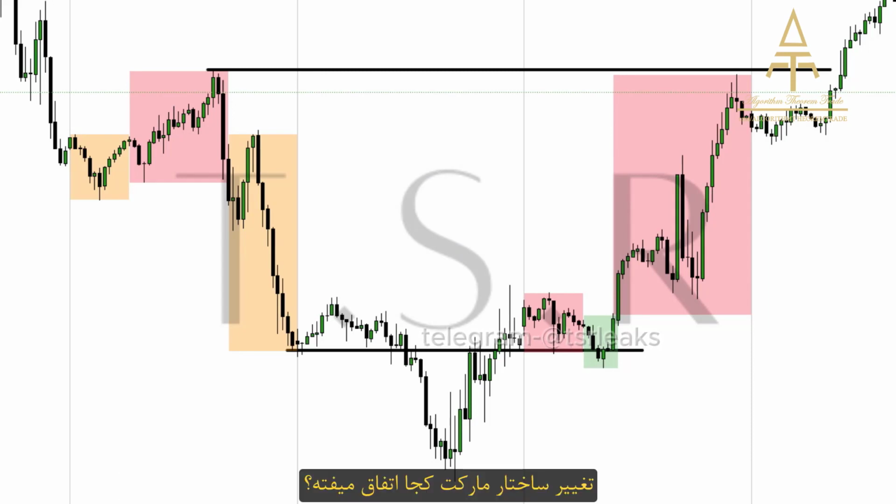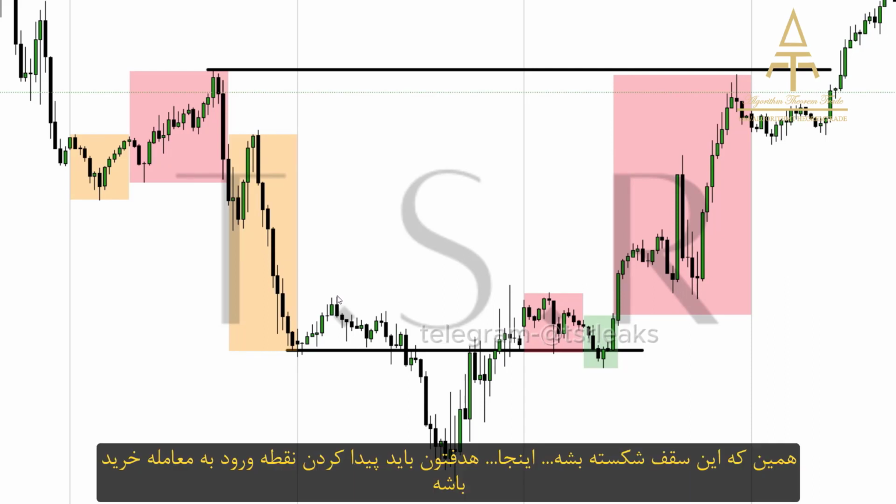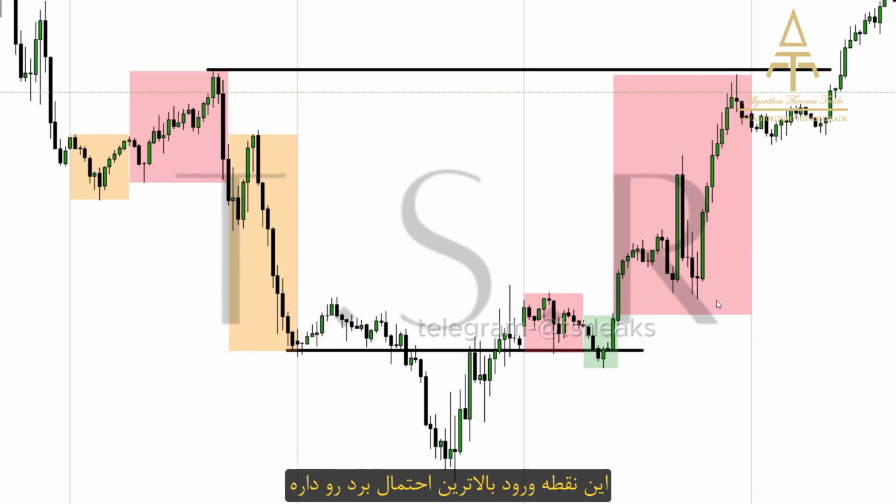Where is the market structure shift? As soon as this high is broken, right here, your goal is to find entries long. This is your highest probability entry out of every single entry that happened beforehand.